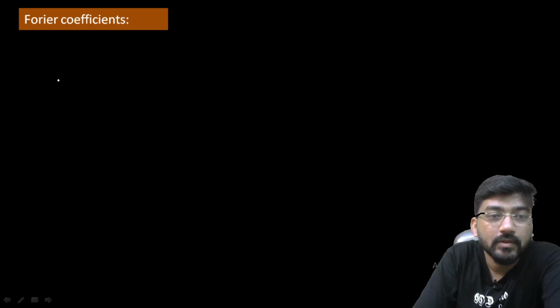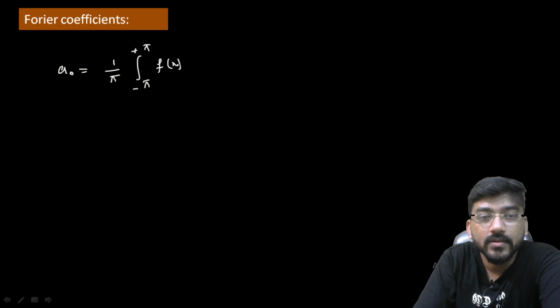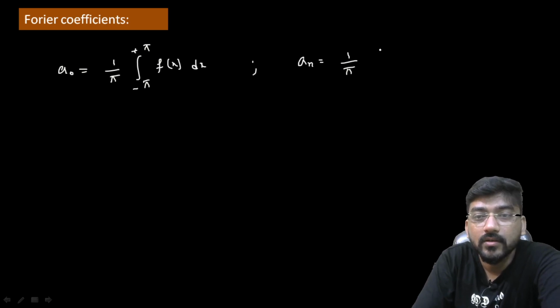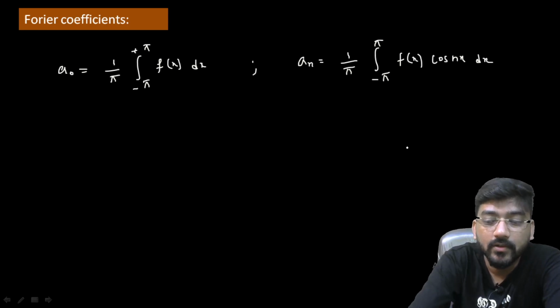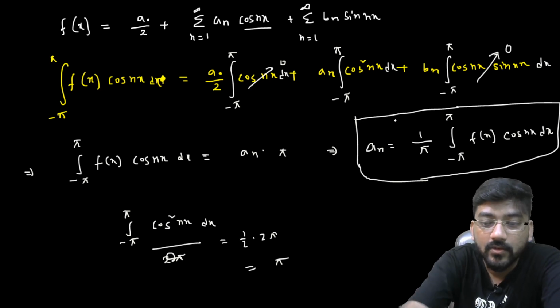What we have found out is that a0 is equal to 1 by pi into integration minus pi to plus pi f of x dx, and we have an equal to 1 upon pi integration minus pi to plus pi f of x cos nx dx. Now let me find out bn also.